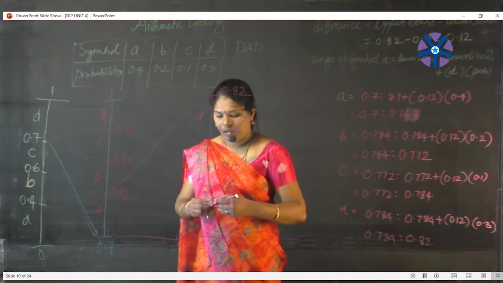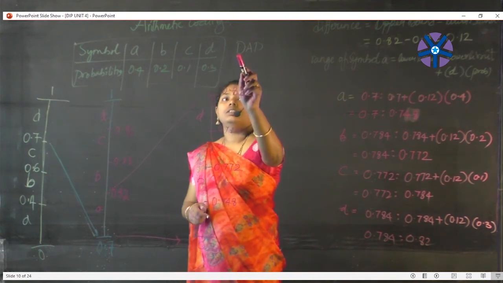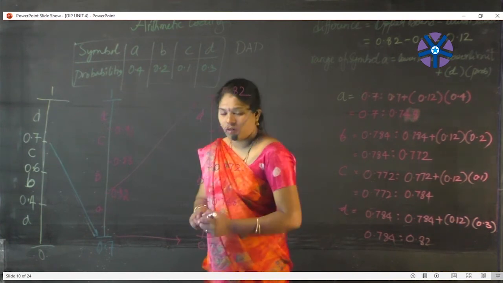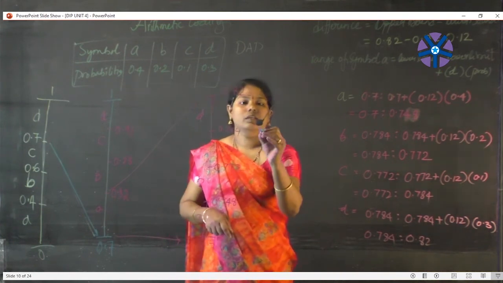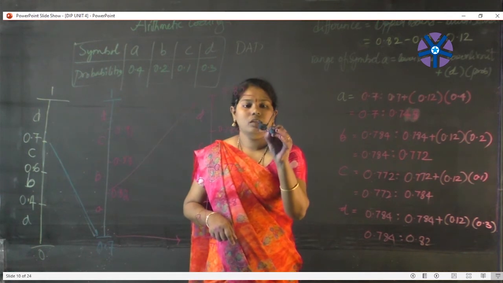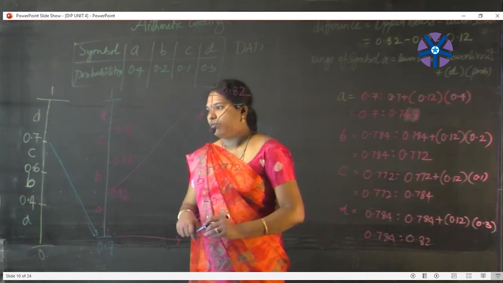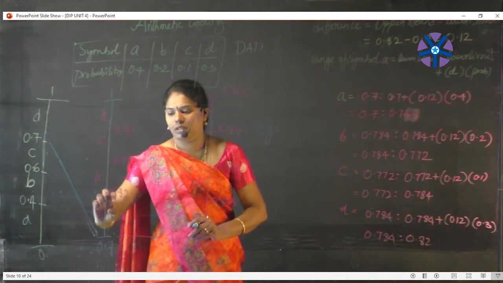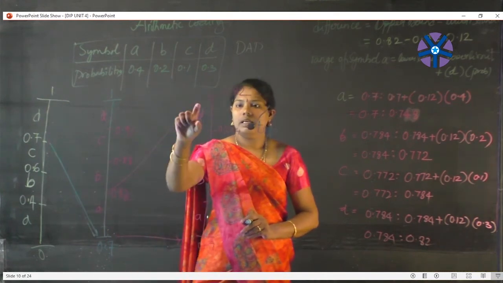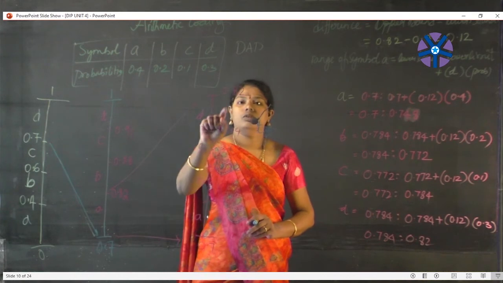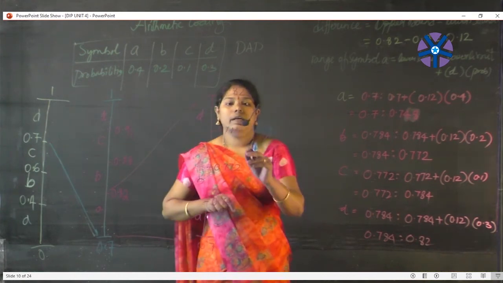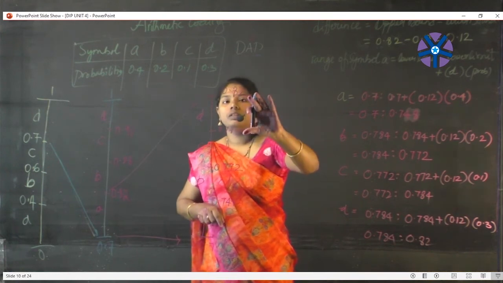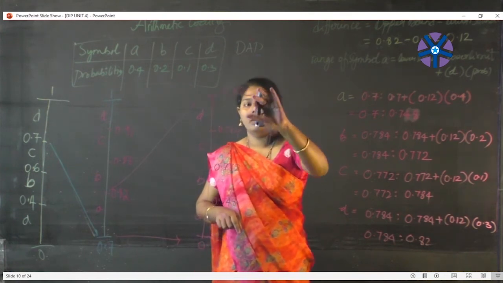Now for the message DAD, what is the tag we have to identify? The tag, or the coded word: for D it is 0.7 to 1, for A it is 0.7 to 0.82, and for the last D it is 0.784 to 0.82. The tag is for the last word, whose range is 0.784 to 0.82.